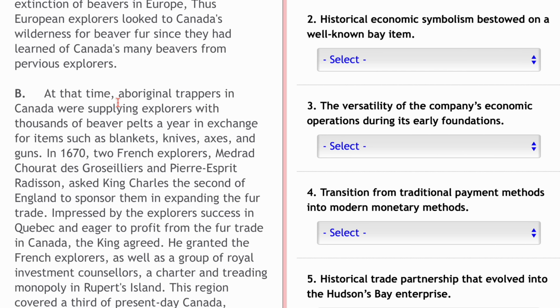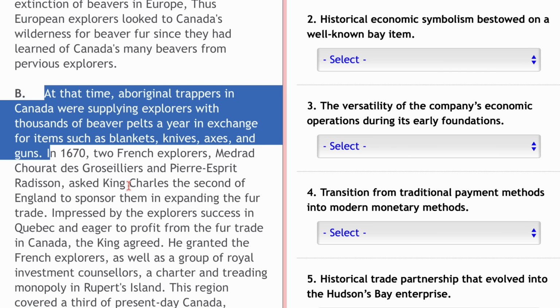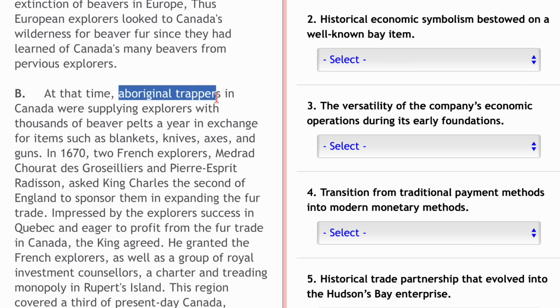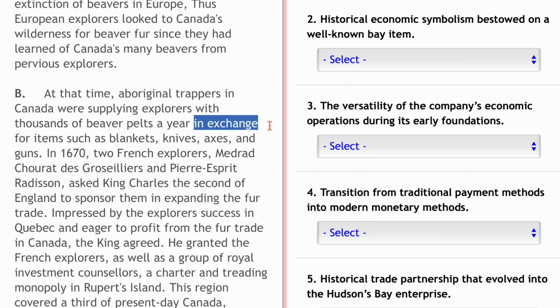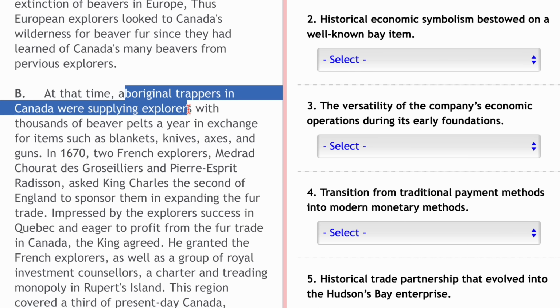At that time, Aboriginal trappers in Canada were supplying explorers with thousands of beaver pelts a year in exchange for items such as blankets, knives, axes, and guns. So this one here, it's talking about the Aboriginal trappers. So the Aboriginal people of Canada, they had some kind of trade with the explorers. Says Aboriginal trappers were supplying explorers.